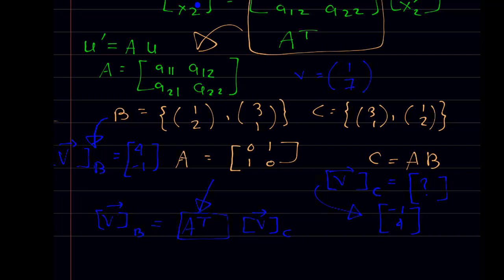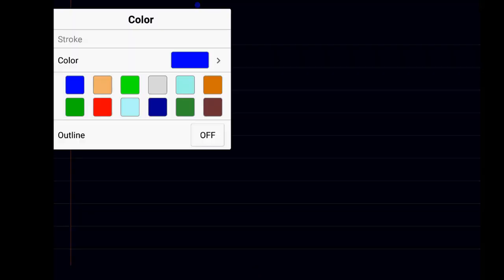Okay, so as you can see, you already know the B basis coordinates are (4, -1). But you don't know the vector V in the C basis.